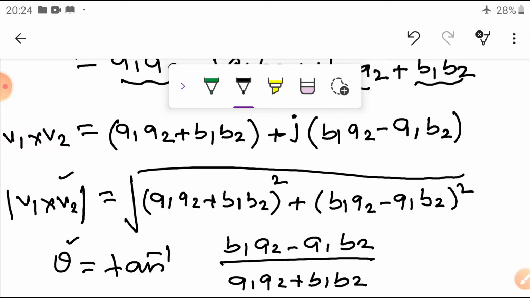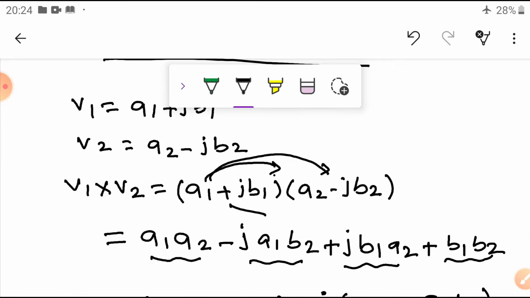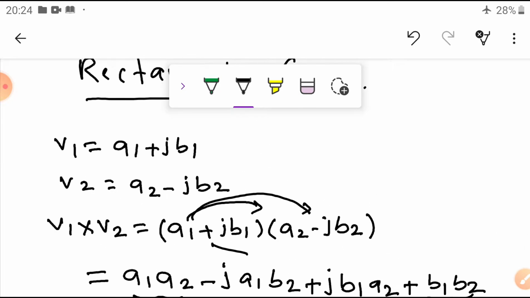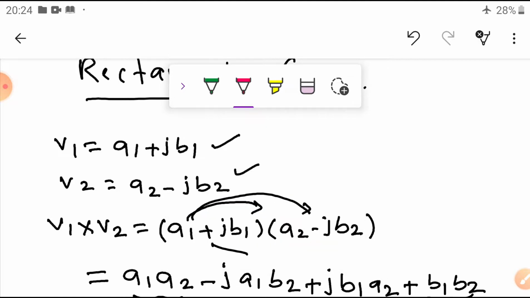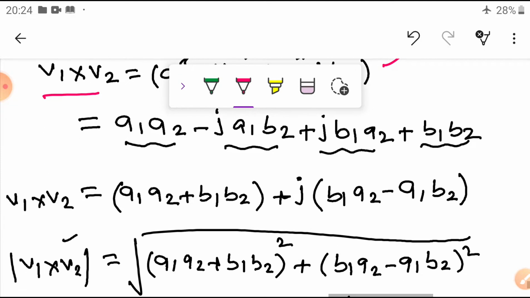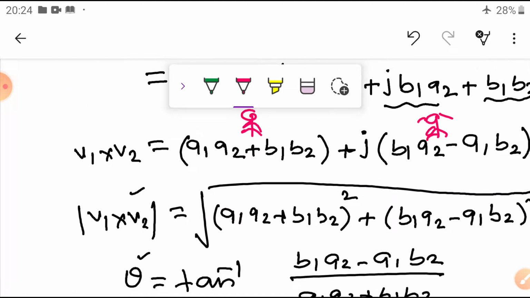Okay. So, dear students, very simple. Whatever values are given, one vector, another vector, simply multiply them with similar methods. After multiplication we get the real part and the imaginary part. I want the magnitude: the magnitude is equal to real whole square plus imaginary whole square under root.